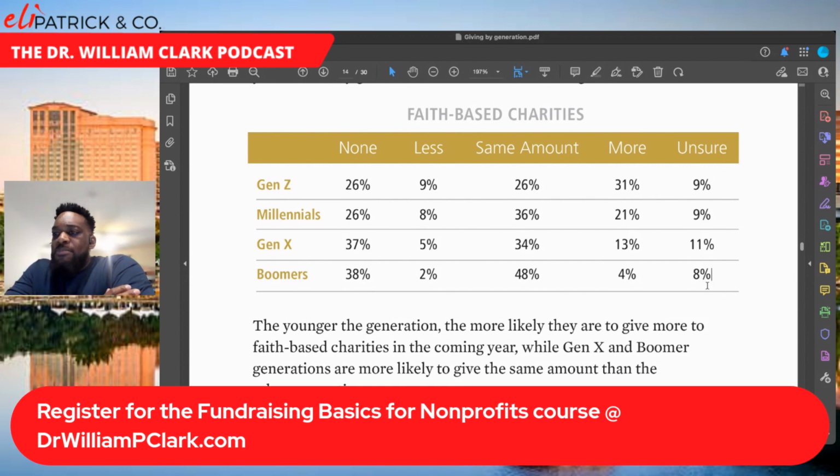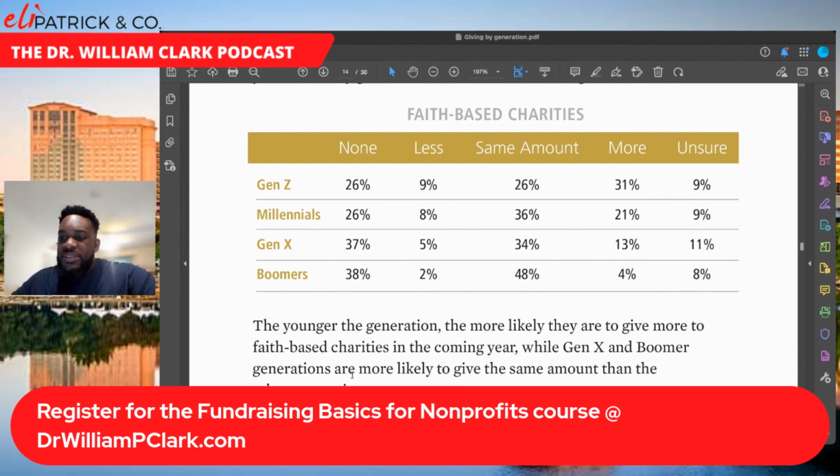So, baby boomers, we're going to start with them, and we're looking at data related to faith-based charities. Again, this data is a comparison between 2016, when the data was originally collected, and updated data that was collected in 2022.